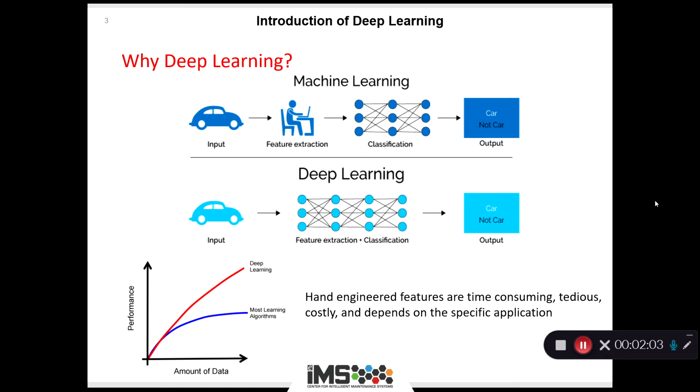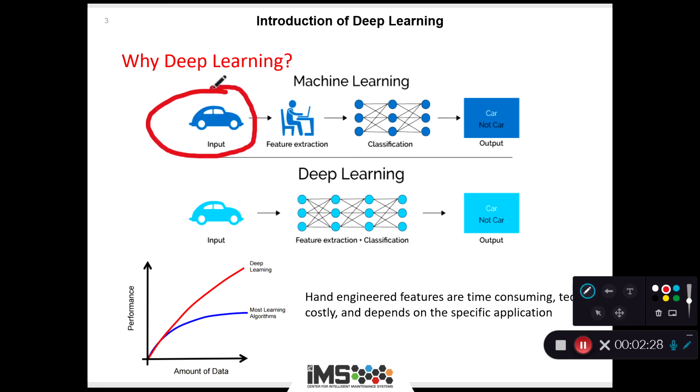So why do we need deep learning? We have learned many machine learning algorithms such as SVM, SOM, and maybe the simpler linear regression. But the typical way of many machine learning algorithms is like this. First, we are given the input. Maybe we want to recognize what the image is. It is a car.